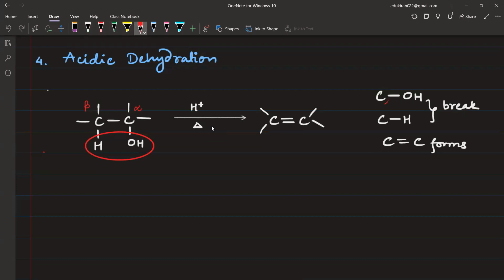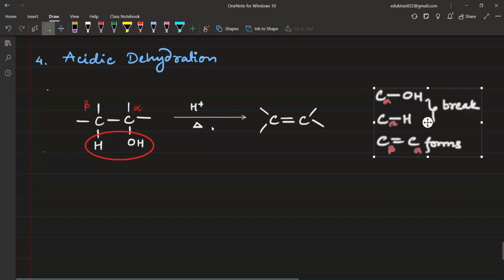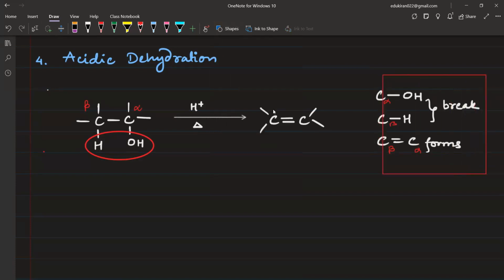Correct, guys? Yes or no? There is nothing else happening. Whatever groups are attached on the beta carbon and the alpha carbon will remain as they are. They won't be changing.